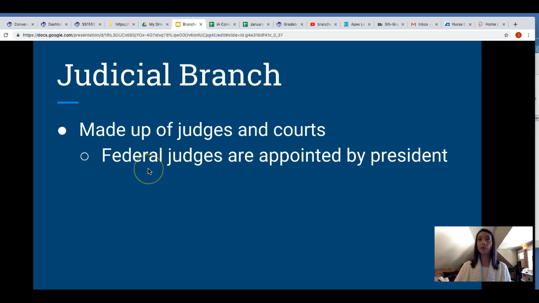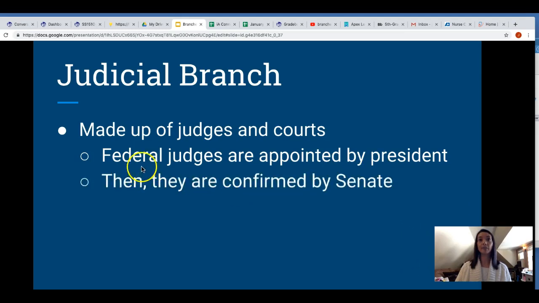So I want to go back two lessons ago to talk about federal. Remember, we said that there are different levels of government. There's the federal government, state government, and the local government. Now, federal judges are appointed by the President of the United States. Okay? And then those judges are confirmed by the Senate.